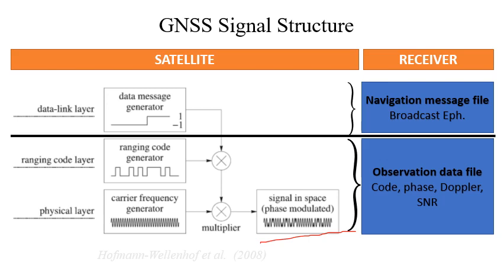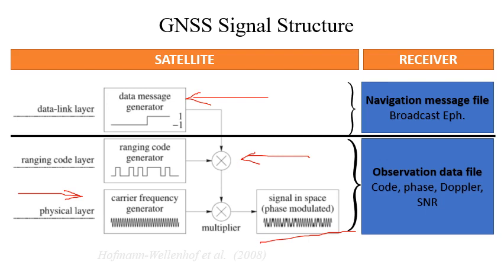These signals will be captured by the antennas, and then the receivers will process them further. The duty of the receivers is to get the information: for example, the satellite position information, the code observations, and the phase measurements or phase observations.